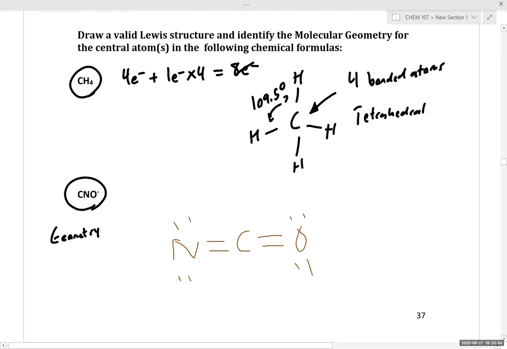Or if you're still working on drawing your structure, you can look and compare your structure to that of your classmate. And you can focus then on assigning the geometry of our central atom. So let's try to get some responses in the chat. And let's try to get some other proposed structures drawn. Remember, structures should have formal charges as well. So we'll keep working on this example and we'll discuss in about 3 minutes.